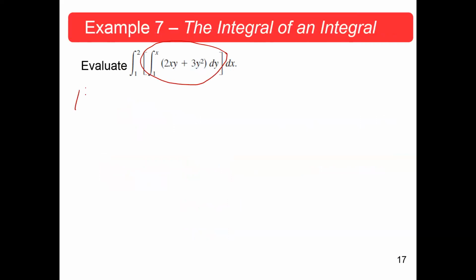We already got that the integral from 1 to x of 2xy plus 3y squared dy is 2x cubed minus x minus 1. So we have already completed this inner integral by example 6.